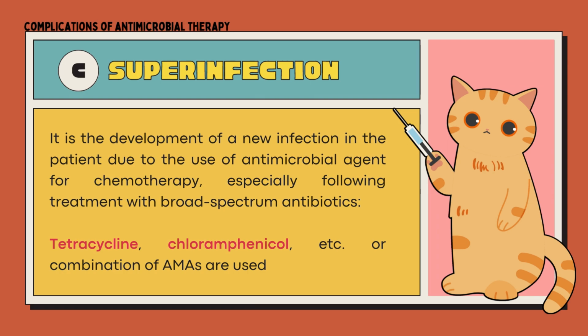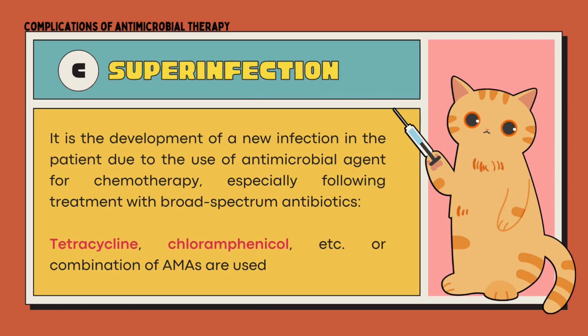Next would be the superinfection, which we should be most wary of, wherein it is the development of a new infection in the patient due to the use of an antimicrobial agent for chemotherapy, especially following treatment with broad spectrum antibiotics such as tetracycline, chloramphenicol, or combinations of antimicrobial agents.